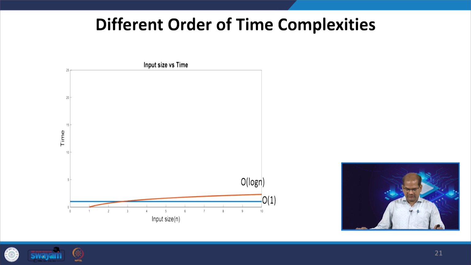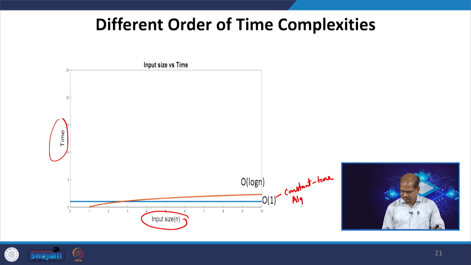Here, the x axis is your input size and the y axis is your time. The first one is O of 1, which is the constant time algorithm. Next is O of log n, the logarithmic algorithm, whose time complexity is logarithmic in nature.